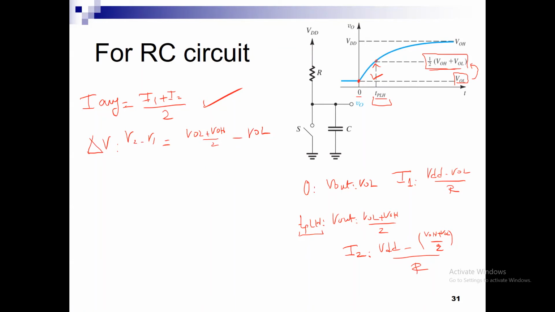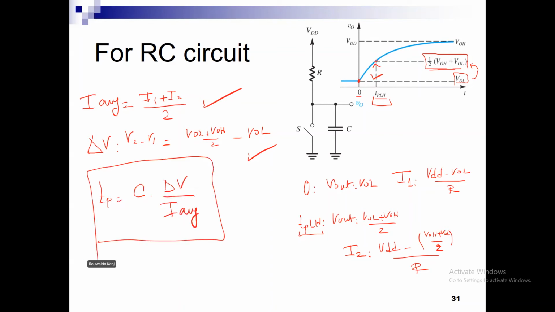Okay, this is my delta V. So this is my second quantity. Now I can calculate the delay as C times delta V over I average, and we will see the detailed equation. Anybody has any question about the average current method?